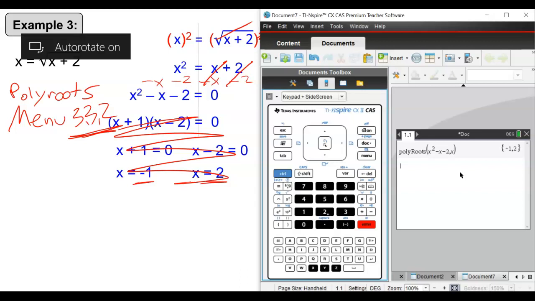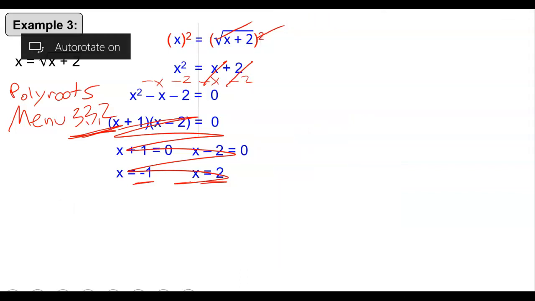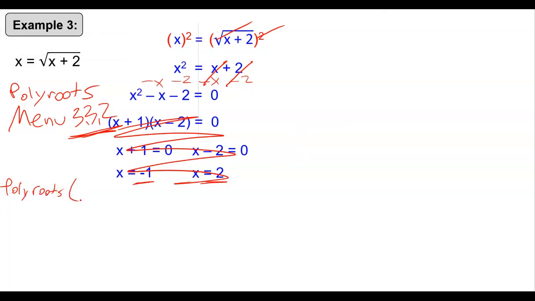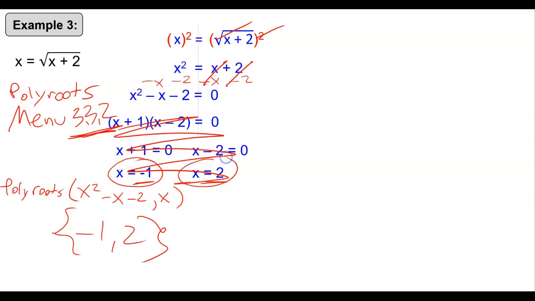All right, now on the notes, I'm going to write what I typed. So here's what I typed. Ready? In the calculator, it says polyroots. Then we put the parentheses. We type it in, x squared minus x minus 2, comma x. We hit enter, and it spits this out, -1, comma 2. And you can see that was the answers over here. So don't forget the comma x.